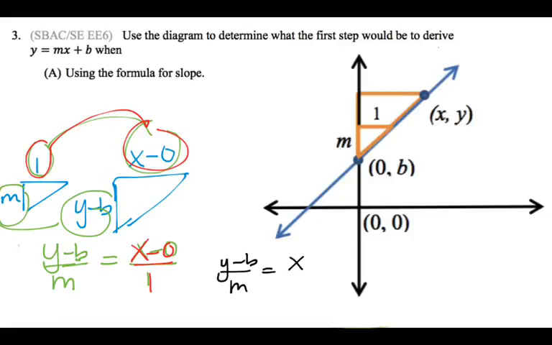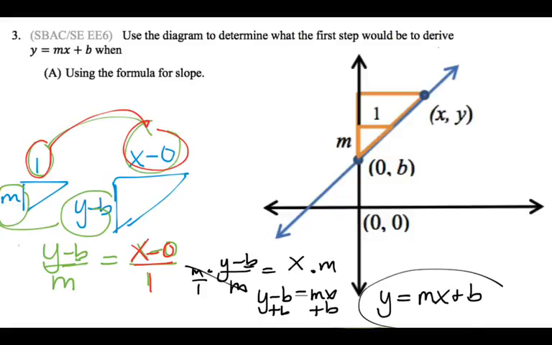The reason I'm just doing x is because x minus 0 is just x, and x over 1 is just x. Okay, so I'm going to multiply both sides by m. My m's cancel, and I get y minus b equals mx. Add b to both sides, and I get y equals mx plus b.